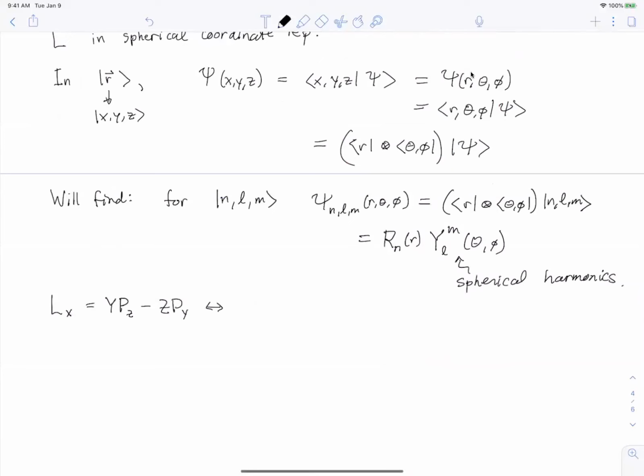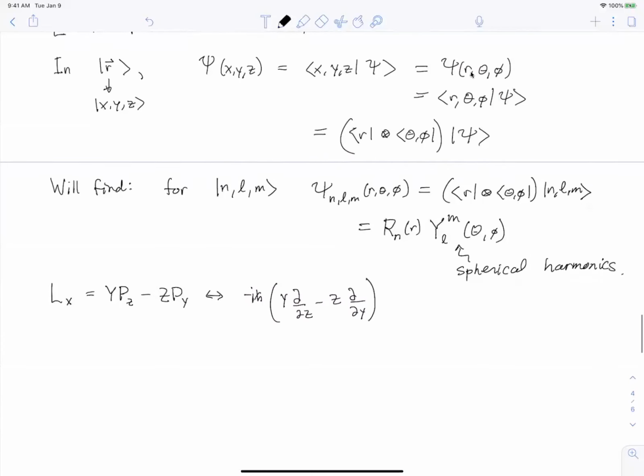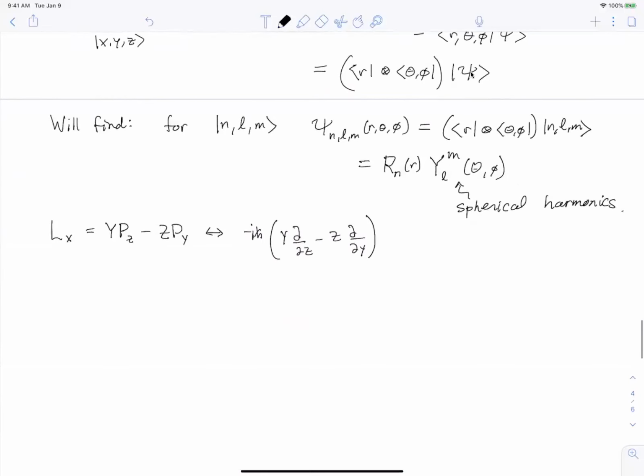And then in position representation, that's equal to minus i h bar, y partial z, that's the z momentum, minus z partial y, that's the y momentum. But what we want to do is transfer everything to spherical coordinates. So change to spherical coordinates.